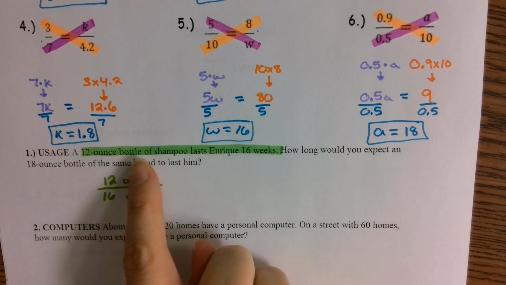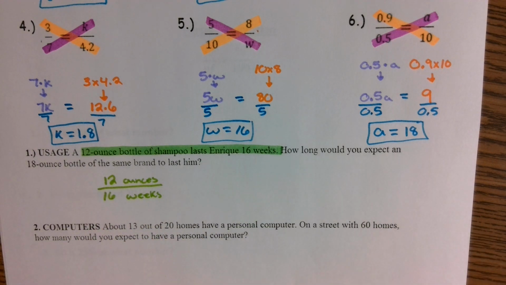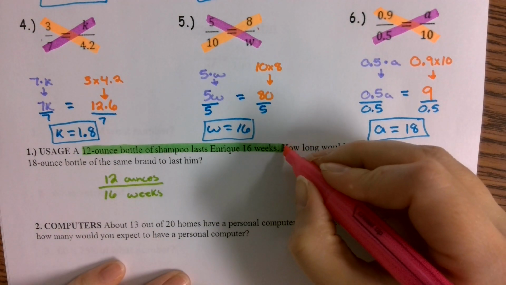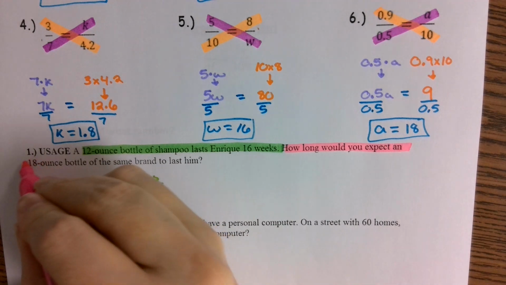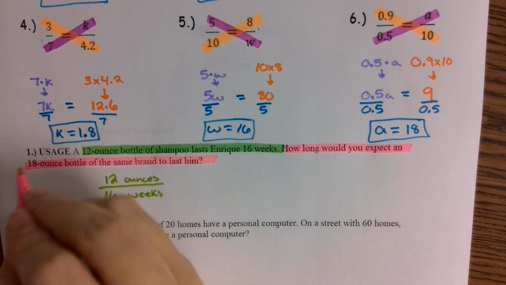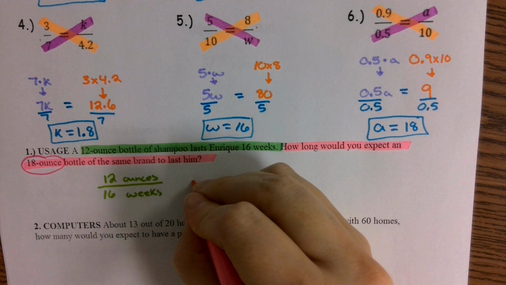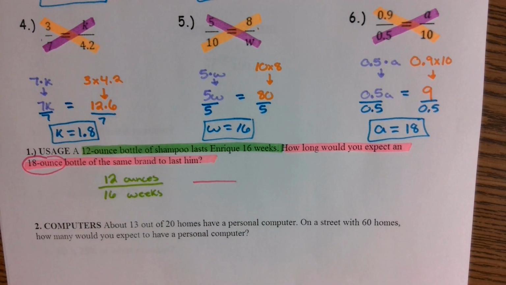Because the way that I set this up will determine how I have to set up the second fraction, the second ratio. My second ratio says, how long would you expect an 18-ounce bottle to last him? So in this piece, the only information that they've given to us is 18 ounces. So if I set up another ratio, where do I have to put 18 ounces?